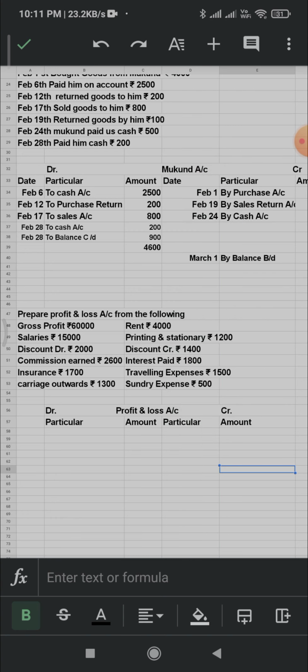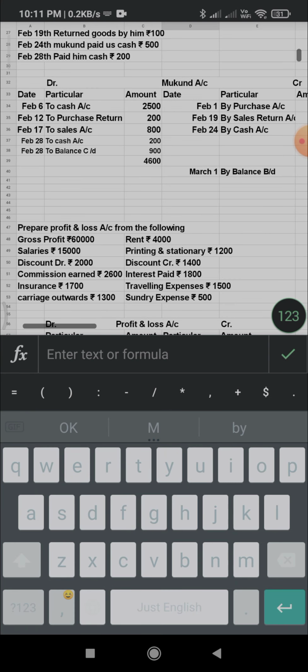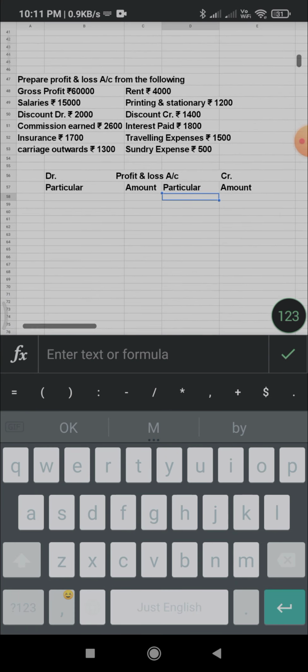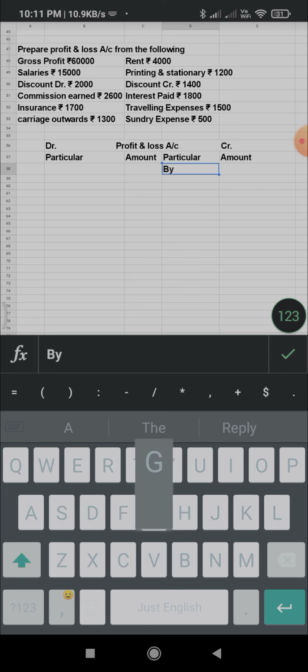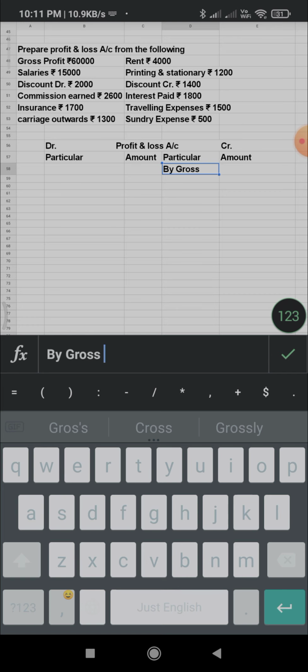Sometimes they ask for trading account, sometimes profit and loss account. When preparing the profit and loss account, first we go to the gross profit.